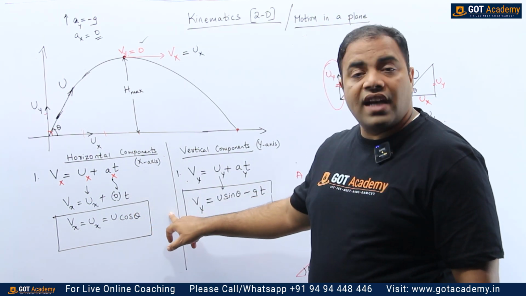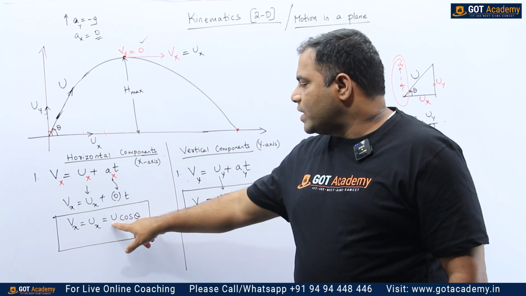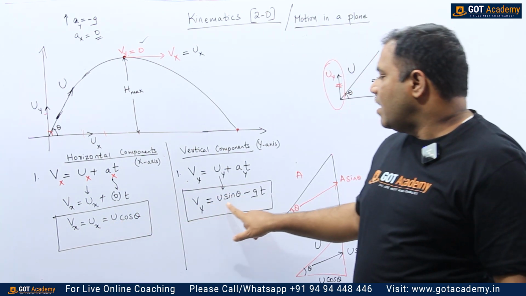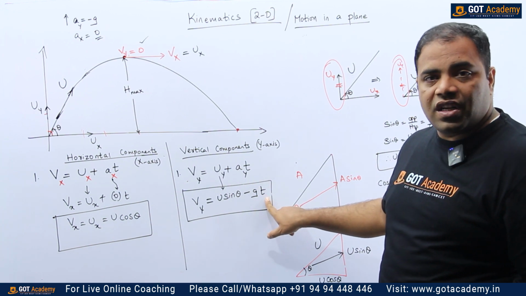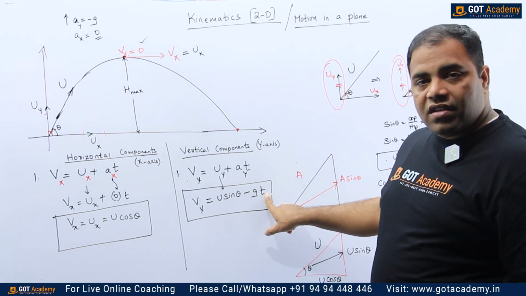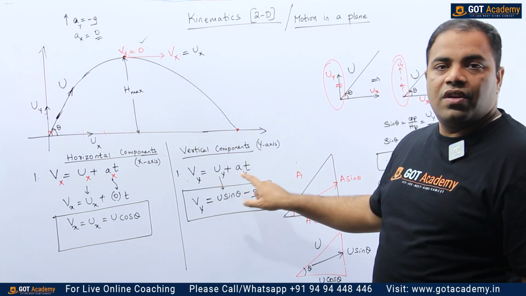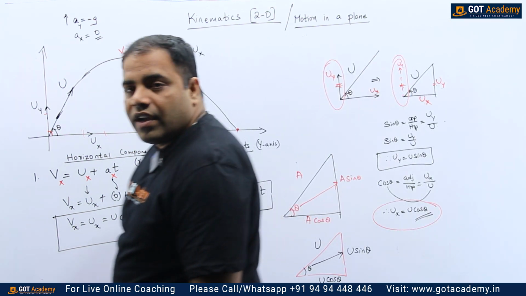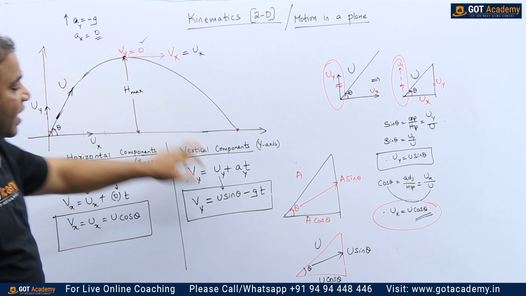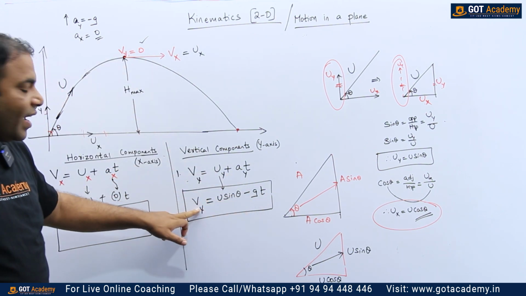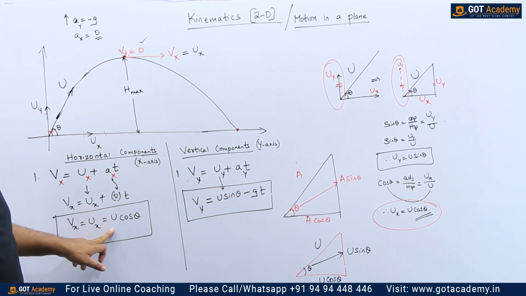Nowhere does the x component depend on the time. Initial u is fixed, angle is fixed. But here time t is there. This value is fixed, but this value is changing, which causes the overall change. Understood? So now we got the velocity of this body after t seconds for the y component and for the x component.